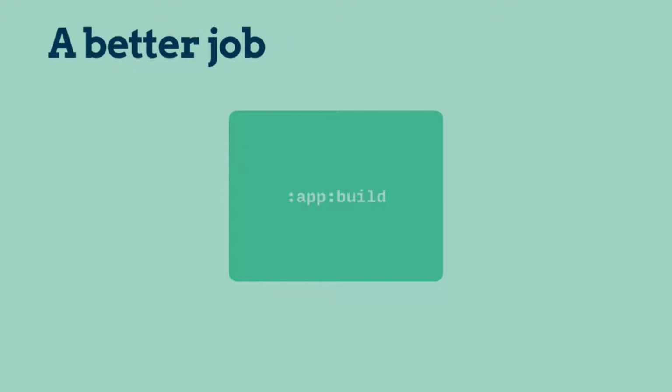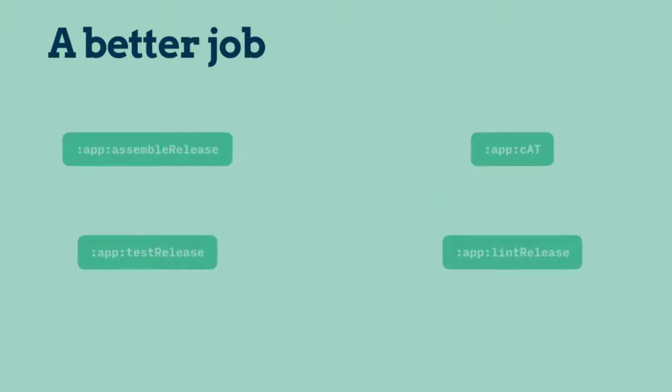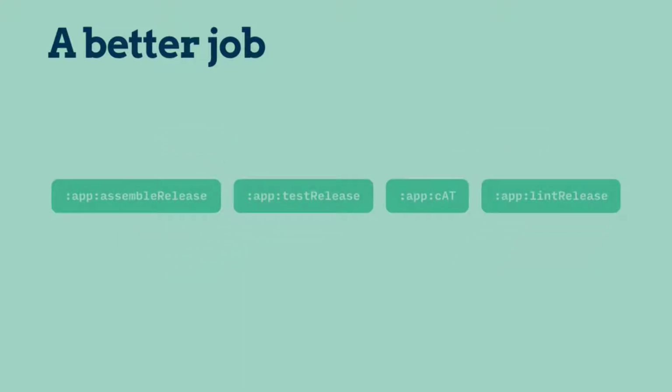Now, a better way to look at this could be splitting the work and saying, okay, these are the main things I want to run. Then the CI is going to say, okay, I'm going to run this, then this, then this, and then that.